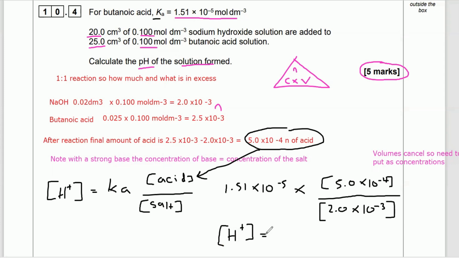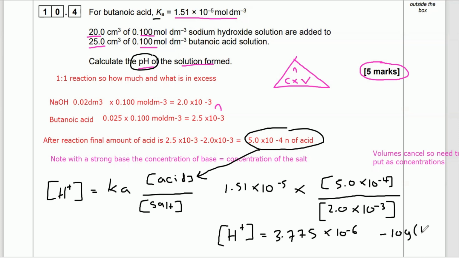Now, we could, if we want, turn this into concentration by dividing by the volume, and we're told that we've got 45 centimeters cubed, so 0.045 decimeters cubed. I could divide all these moles by that, but they're going to cancel out, and it's a ratio, so I can just use the molar ratio, and we're going to work that out as 3.775 times 10 to the minus 6.